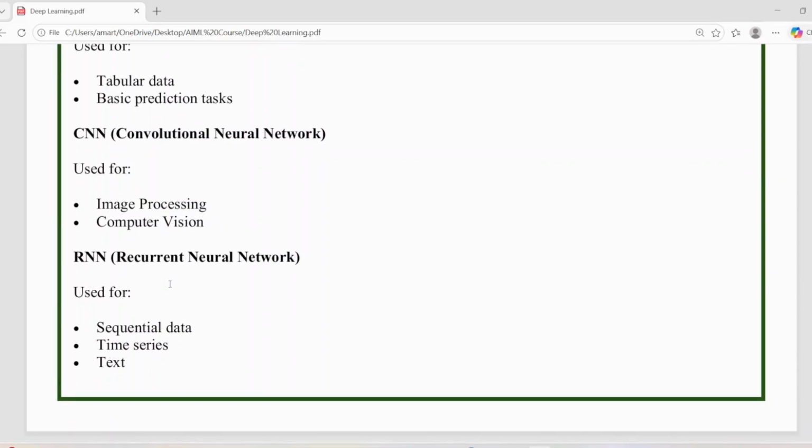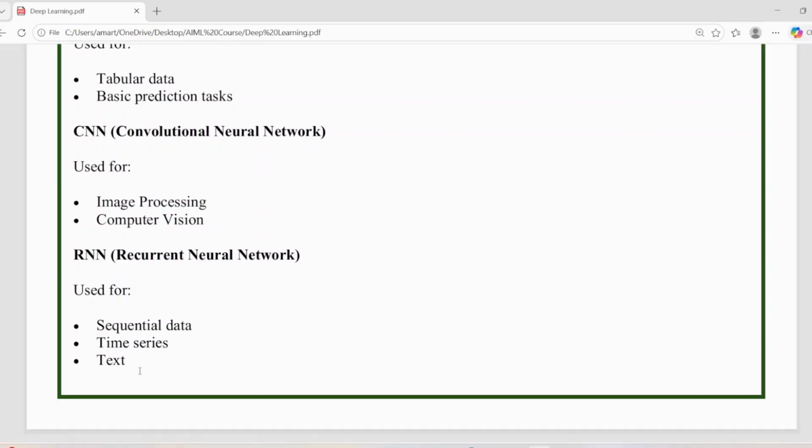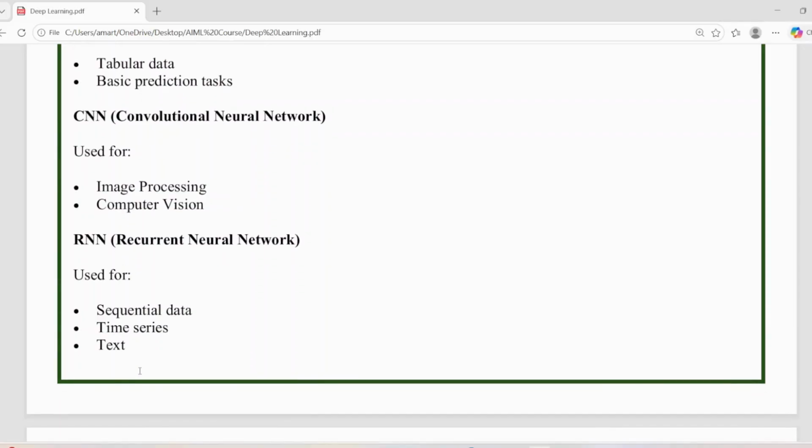Okay. Slowly. Third thing is your RNN, recurrent neural network. It is used for sequential data, time series, text. This is how LLM models predict the next word based on the previous word, like: the sky is blue.